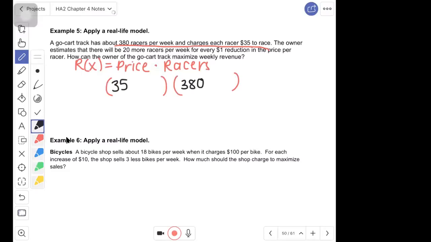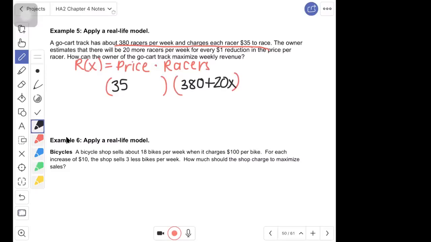Then they're saying the owner estimates that there will be 20 more racers per week for every $1 reduction in the price. So on top of this 380 racers that they're getting, they're estimating 20 more per week.